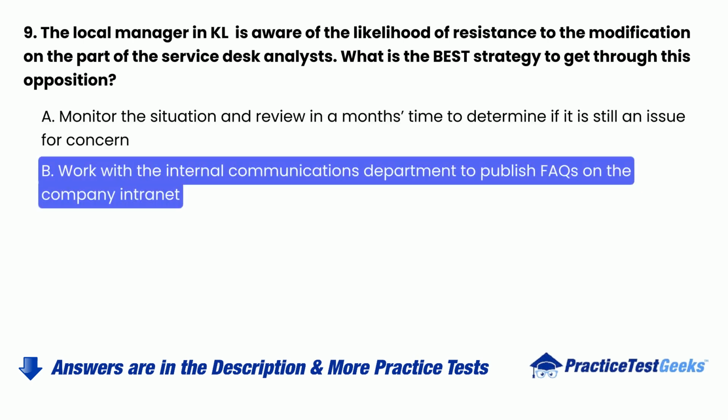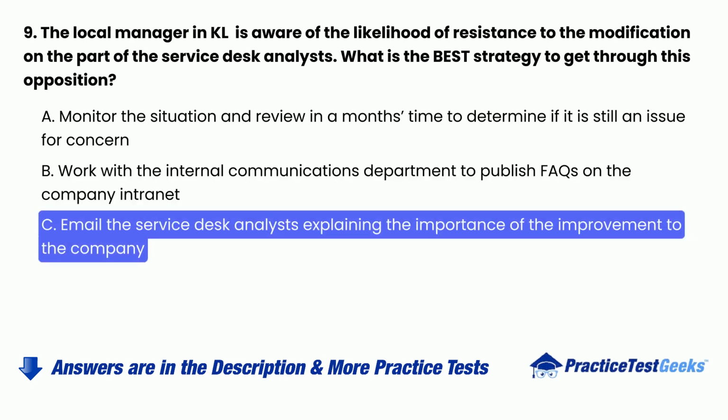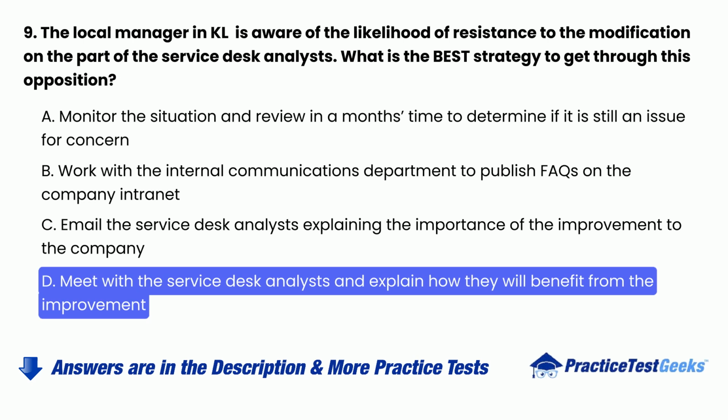B. Work with the internal communications department to publish FAQs on the company intranet. C. Email the service desk analysts explaining the importance of the improvement to the company. D. Meet with the service desk analysts and explain how they will benefit from the improvement.